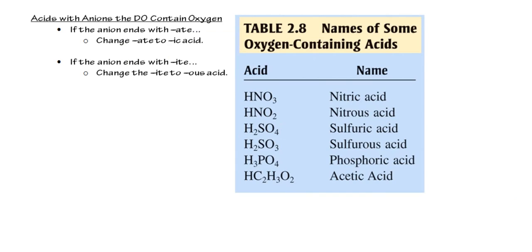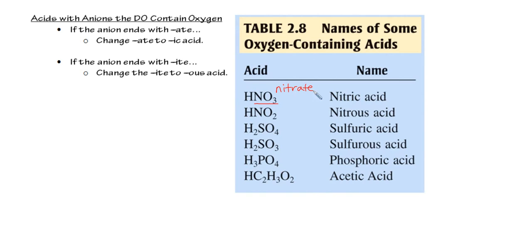The acids with oxygen have a couple different options here. The most common polyatomic, the most stable, we said will always end in ATE. So for example, nitrate is the most common nitrogen polyatomic. NO3, this is nitrate.